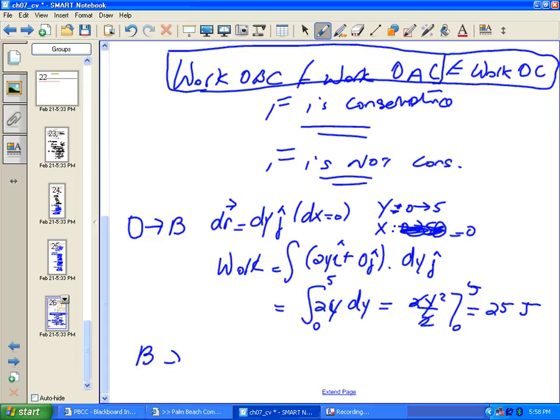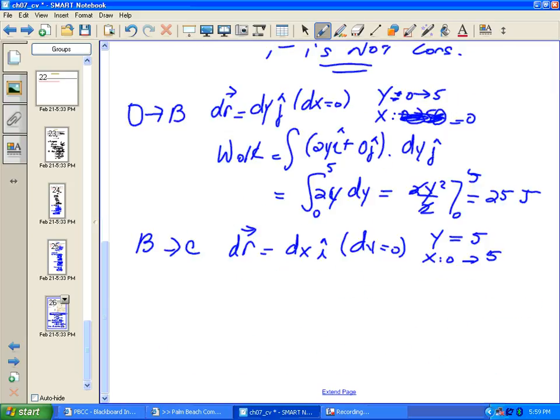From B to C, which is the next leg of the path, dr is equal to dx i hat. There is no variation in y. Sorry, y equals 5. x goes from 0 to 5. Okay, so let's see.